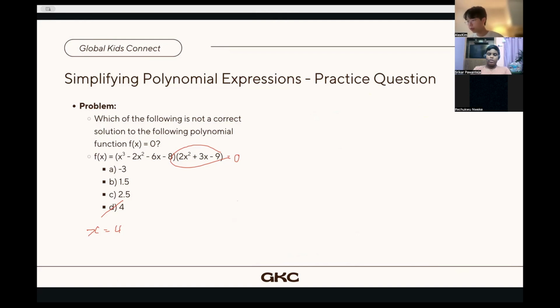If we use the quadratic formula, we get an x value of -b, which will be -3, plus or minus the square root of b squared, which is 3 squared, 9, minus 4ac. And so we get -4 times 2 times -9.